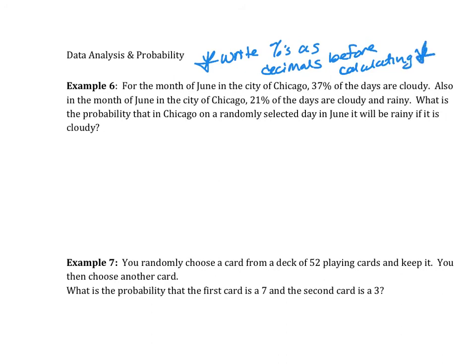So we have the probability that a day is cloudy is 37%, so probability that it's cloudy would be 0.37. And the probability that the day is cloudy and rainy is 0.21.